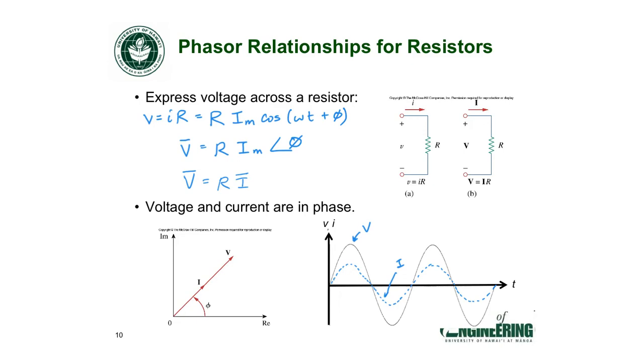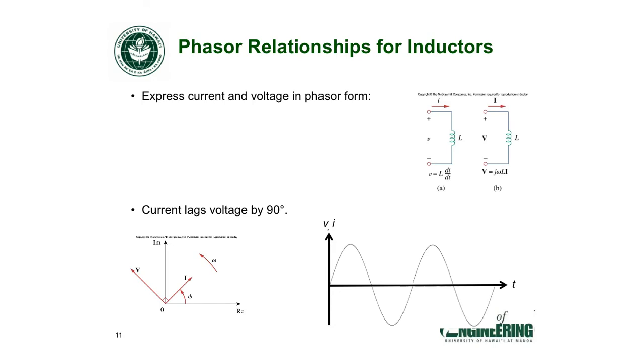Okay, this is not going to be the same as the case for inductors and capacitors. So let's look at inductors first. Let's say that we have current through the inductor. We'll use the same current that has some magnitude I sub m. It's a cosine with a frequency of omega and a phase of theta.